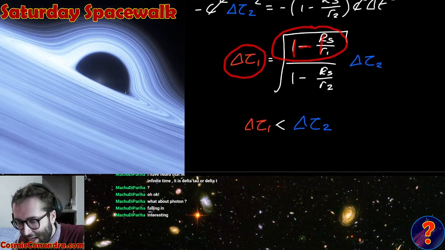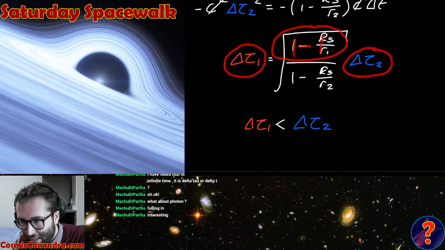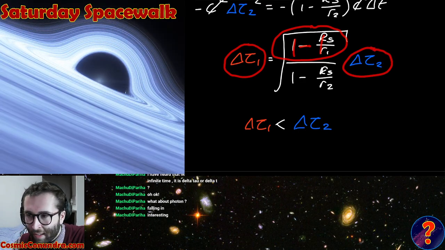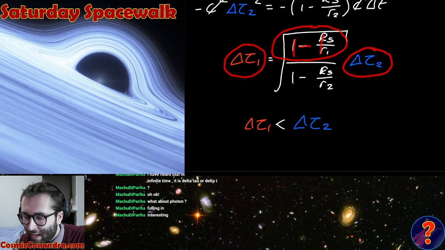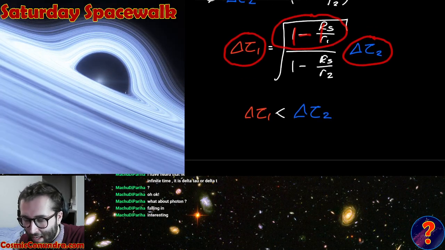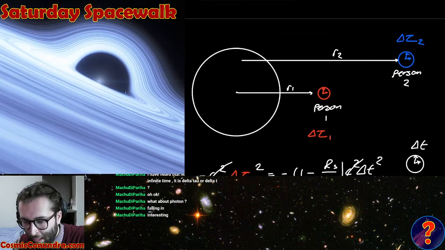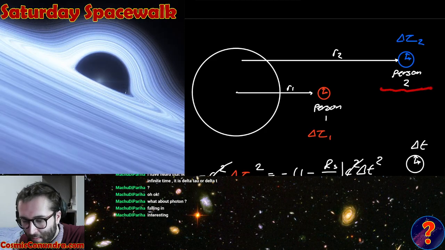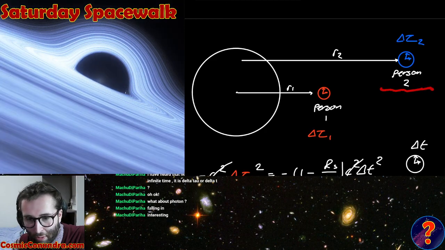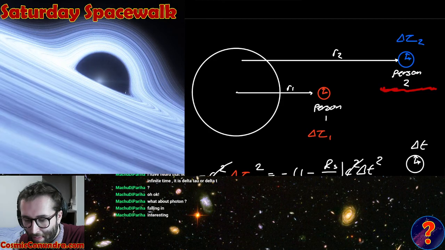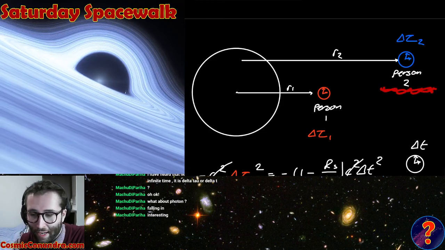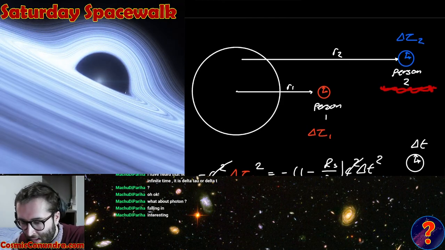Okay. Yet delta tau 2 will still be finite. In other words, in the period of time it takes person 2, who is now away from the black hole, to experience some event, the time measured by person 2 is some ordinary finite time, 5 minutes, whatever.